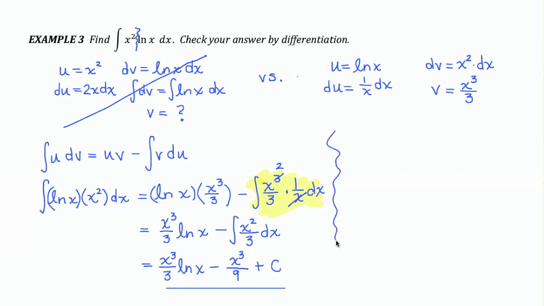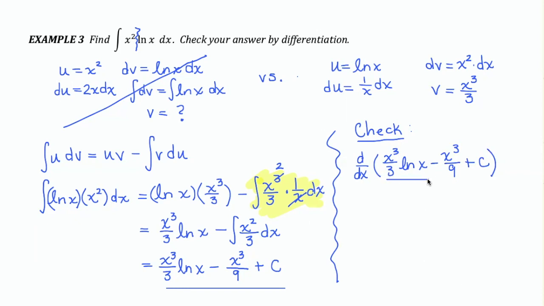And as I said earlier, we're going to check this one. And to do the check, because integration is the opposite of taking a derivative, we're going to take the derivative of what we got our answer to be and make sure that we are getting back the original integrand. In order to take the derivative of the first term, this is a product, so therefore we need to use product rule.